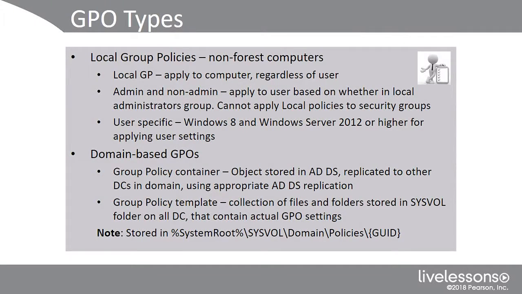And remember, we talked about sysvol that's available on all the DCs. This is where that collection of files and folders of these GPO settings are stored, and that default location for the GPOs in sysvol is in the system root sysvol domain policies, and then there's a unique GUID assigned to the GPO. So these are the 2 different types of GPOs that we have available to us, as well as the location of your domain-based GPOs.